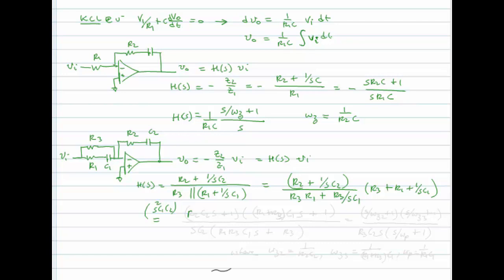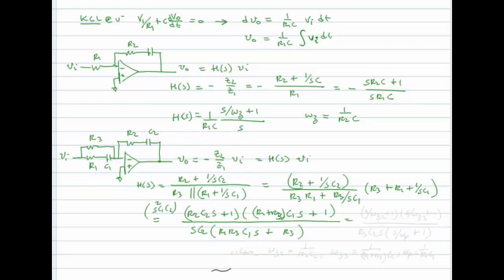Then we'll have R2 C2 S plus 1, times R1 plus R3 times C1 S plus 1, divided by, let's see, SC2 times R1 R3 C1 S plus R3. Is that right?